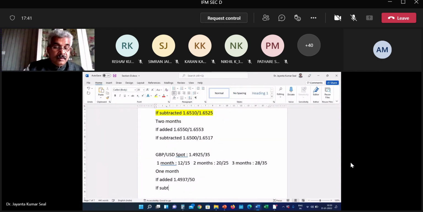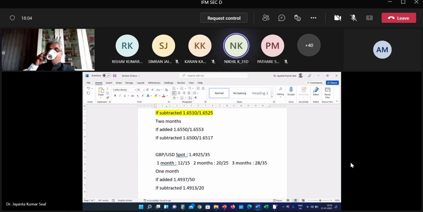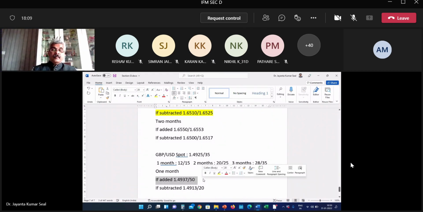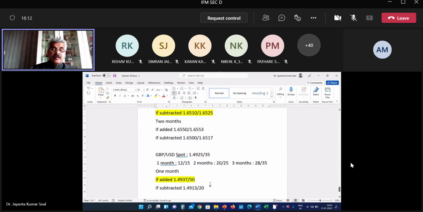If subtracted, 1.4925 minus 12 is 1.4913, and from 3520, it will be added or subtracted? Added, sir. Make sense? So here the forward rate is more than the spot rate. So forward is trading at a premium, and same rule.